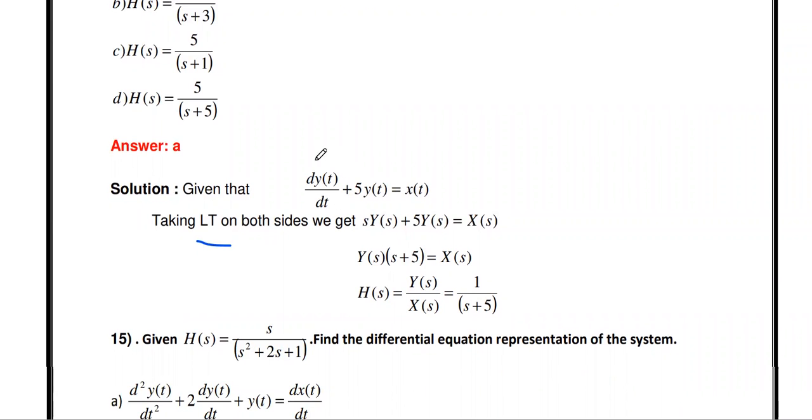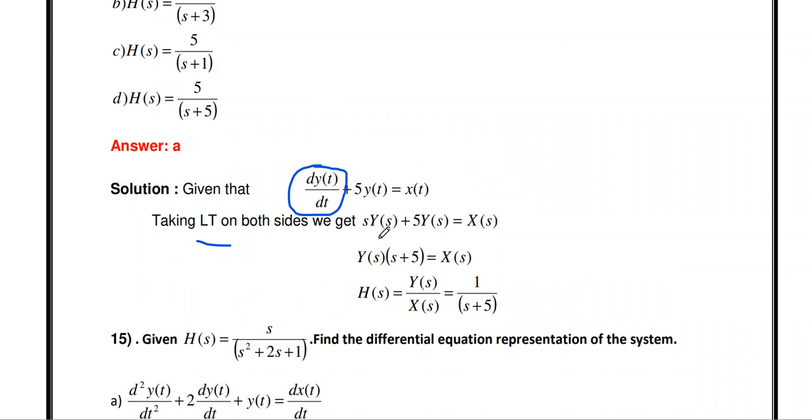According to the differentiation property, taking the Laplace transform of each term, for the first term, dy of t divided by dt has the Laplace transform s into capital Y of s. Plus, the Laplace transform of 5, a constant, you keep as it is, times the Laplace transform of y of t, which is capital Y of s, equal to the Laplace transform of x of t, which is capital X of s.